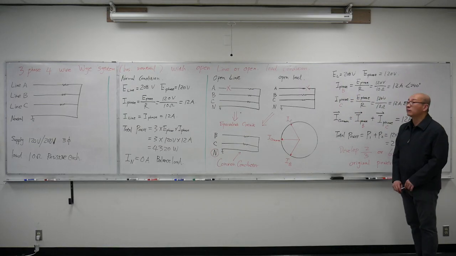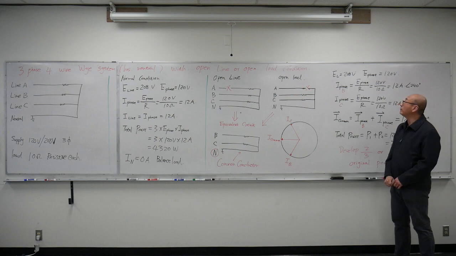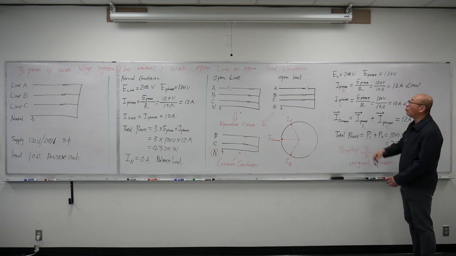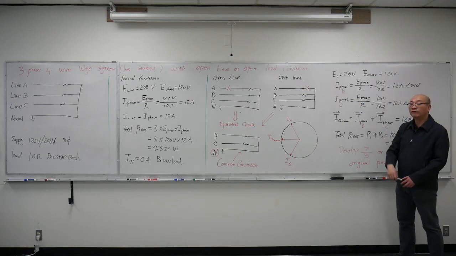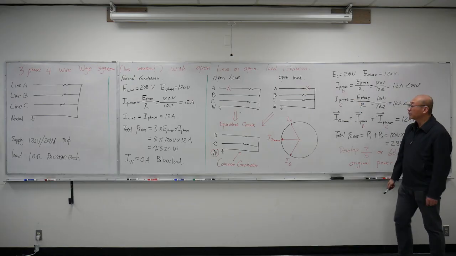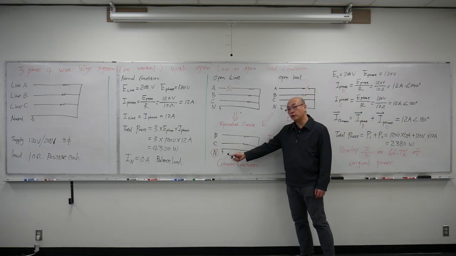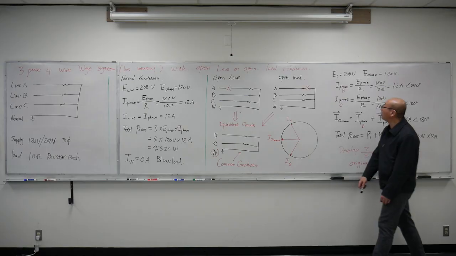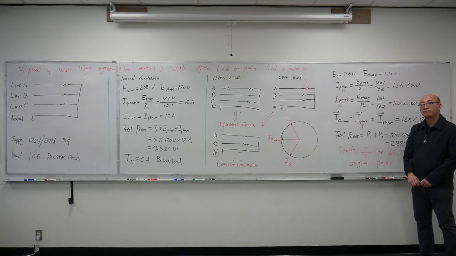Now let's do the calculation. The line voltage is still 208 volts. The phase voltage is 120 volts. So I can calculate the phase B current. Because there is a common conductor in here, the original neutral, I still have 120 volts across that phase.